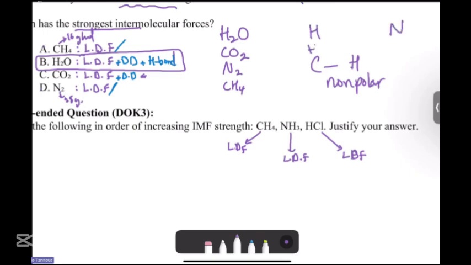HN in the periodic table, or HCl, both are polar, so both of them will have dipole-dipole. However, this has H and N, the NOF that I told you about, so this one will also have hydrogen bonding.